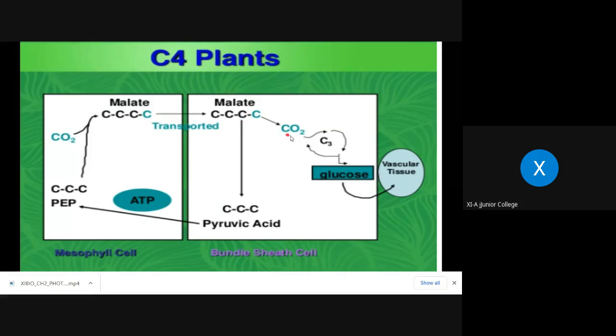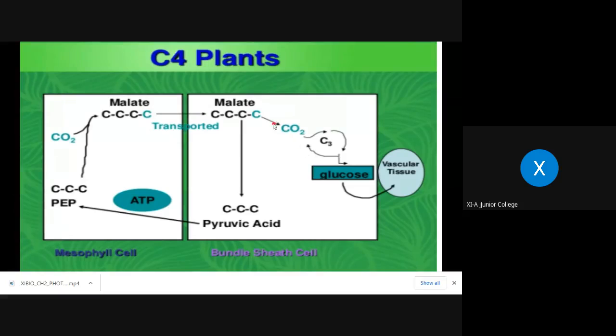So this 4-carbon compound gets converted into a 3-carbon compound with the release of CO2. But this CO2 is utilized by the C3 cells in the bundle sheath cells. So whatever extra CO2 is available is released by malate or malic acid.